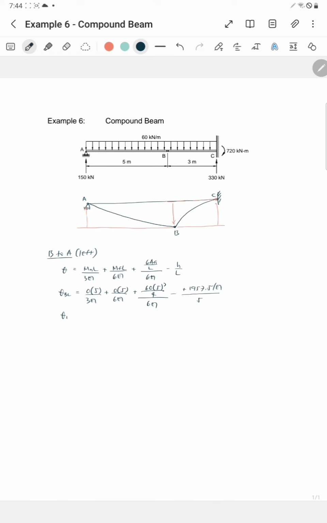So theta B left is equal to negative 79 over EI. Negative is clockwise.